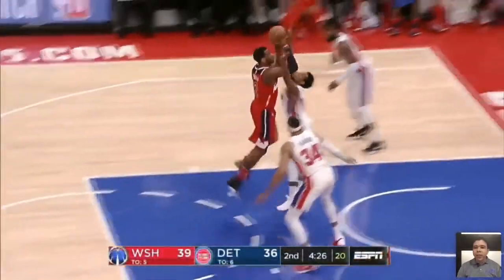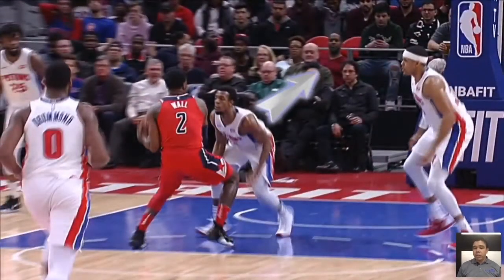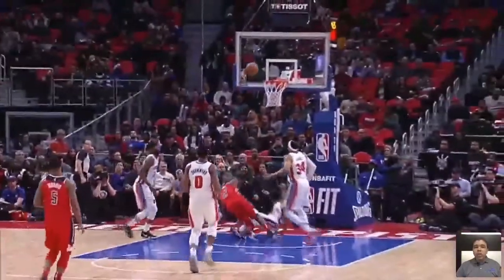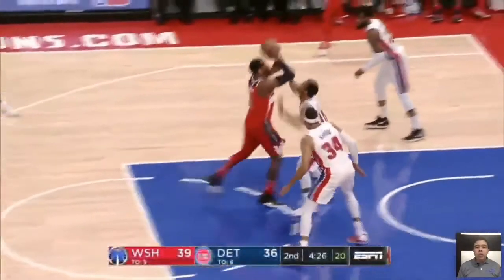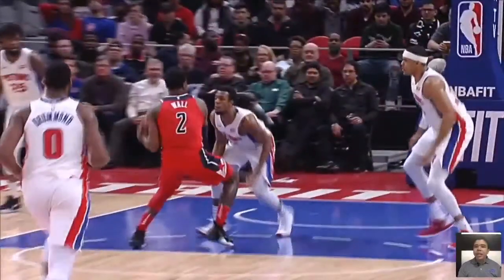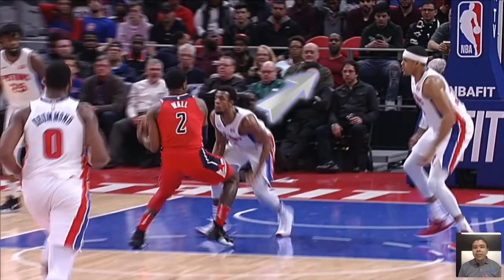The second is that in this case, he's jumping backwards. So he can jump vertical upwards or jump backwards, but never to the front to create a contact with the offensive player. And last, after he jumped, he maintained the verticality in the air.